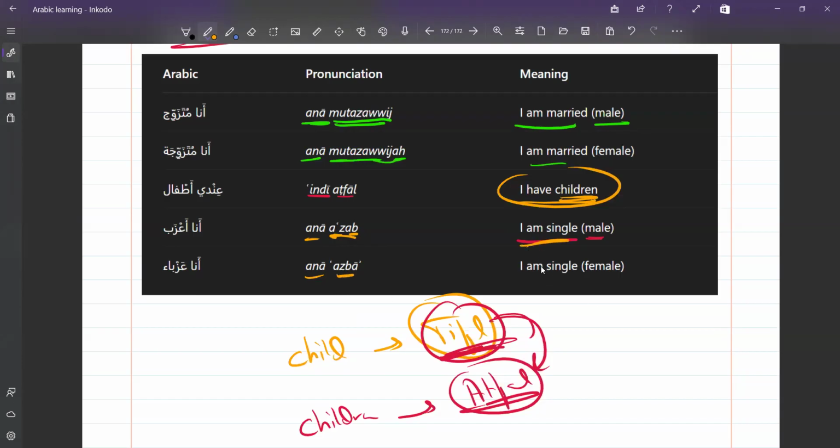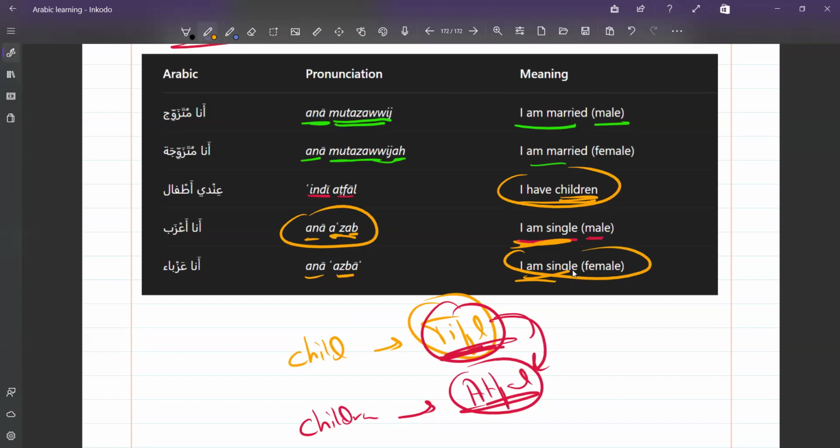Both mean the same, meaning I am single. Right? So ana mutazawwij, ana mutazawwija, indi atfal, ana a'zab, ana a'zaba. So that is how we use these words in Arabic, and that is how we describe family in Arabic.